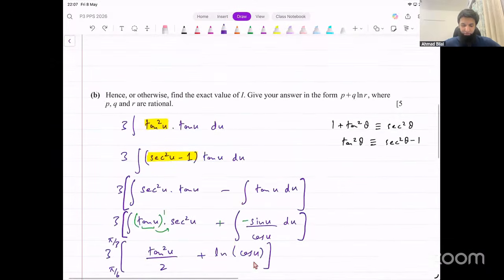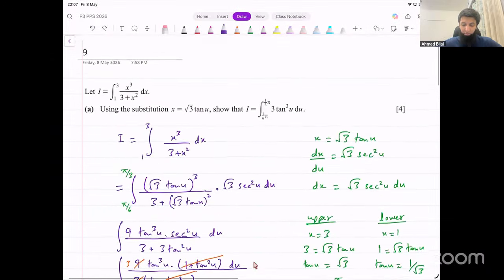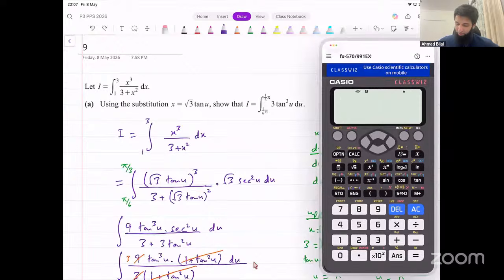Now, this was a long integral, 9 marks. It's a good idea to check that. It's pretty quick, right? x cubed, input that there. You will generally do this at the end of the exam, 3 plus x squared. So try to finish early so you have time for this verification. In case there's any careless error, then you can catch that.